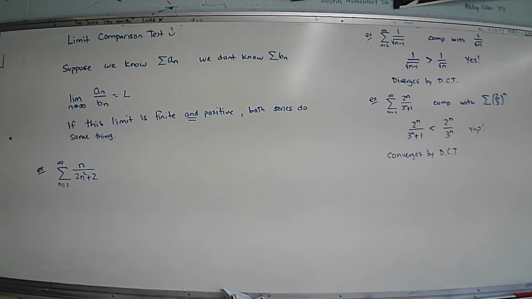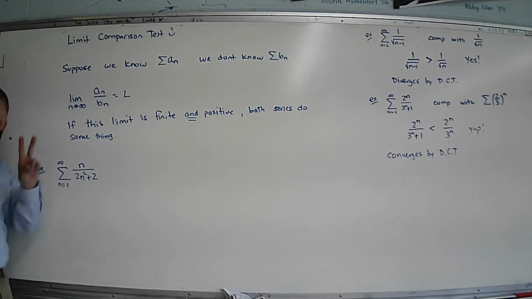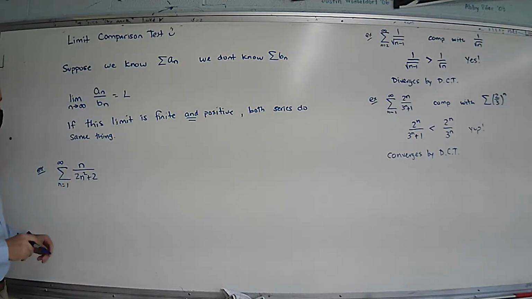So what does that reduce to? If I really sucked at algebra and just started canceling stuff left and right, what am I going to end up with here? 1 over n, right? Now technically it doesn't reduce to 1 over n, but it reduces to it.